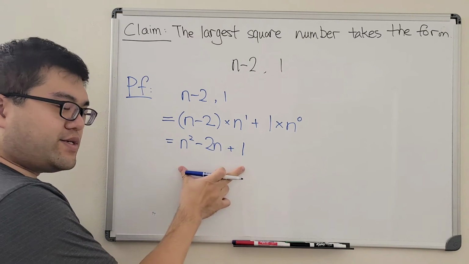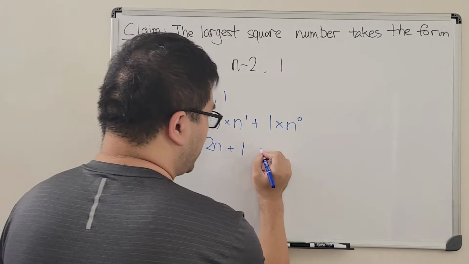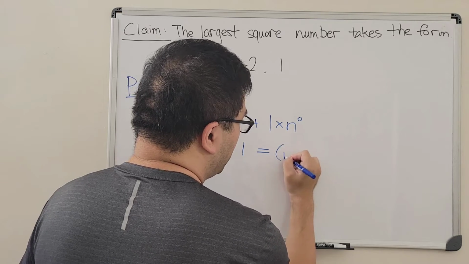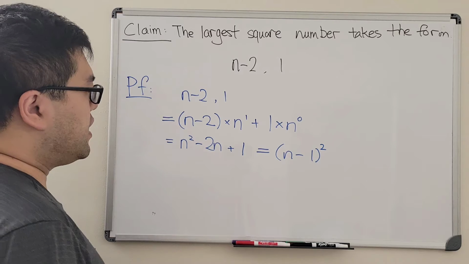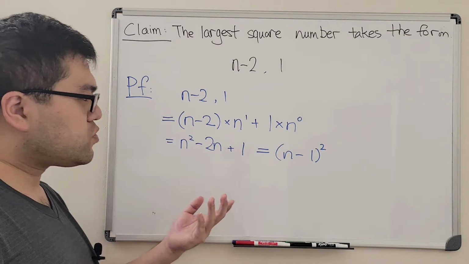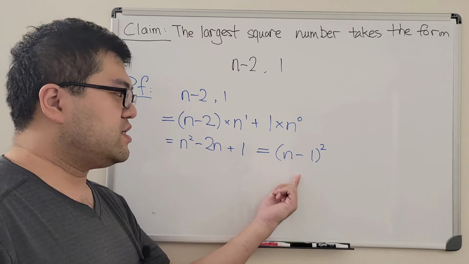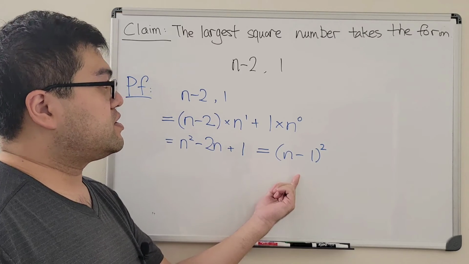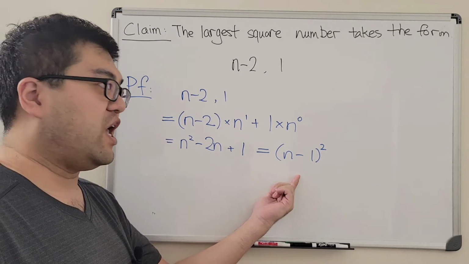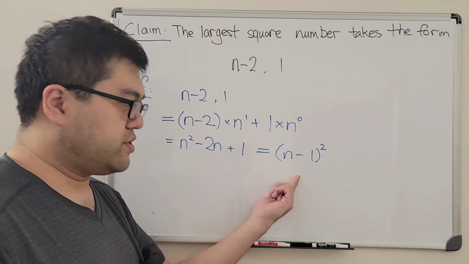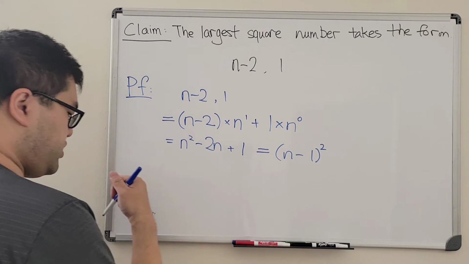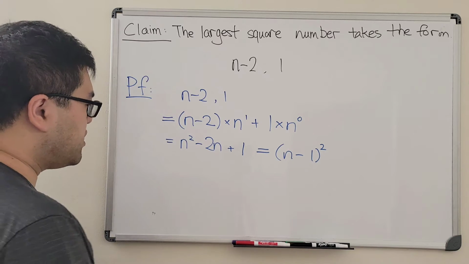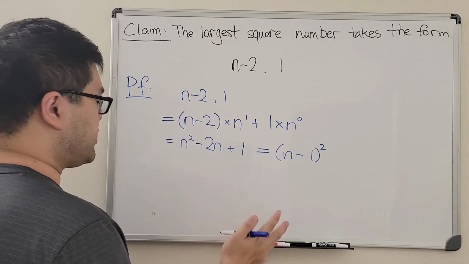And notice that this is actually a perfect square. And we can factor it into the form n minus 1 quantity squared. And now we just need to verify that this is in fact the largest square number that is less than 100. All right, so let's see how we can show it.